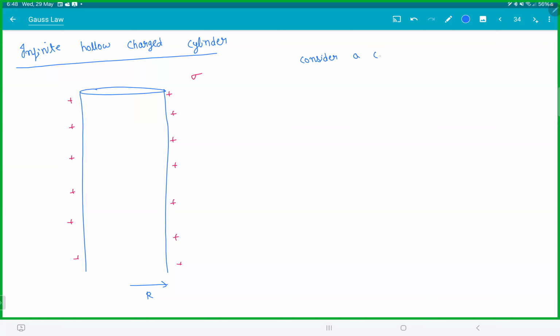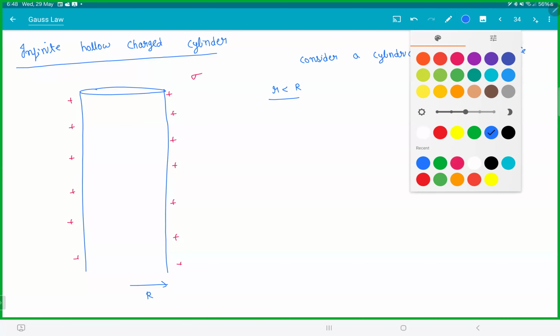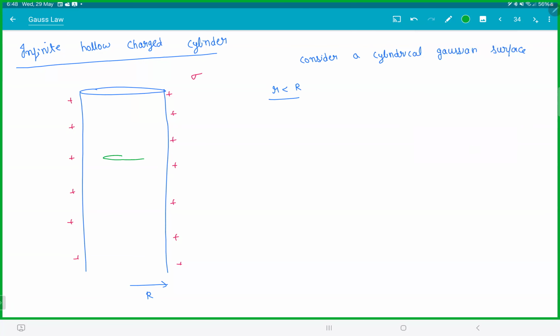Consider a cylindrical Gaussian surface, so for r less than R, we take a Gaussian surface like this, whose radius is smaller, length is L, completely closed.